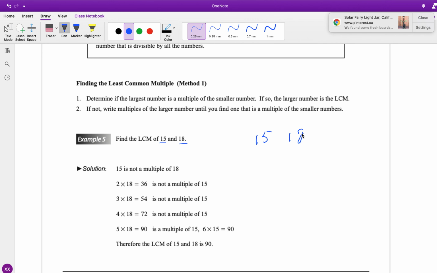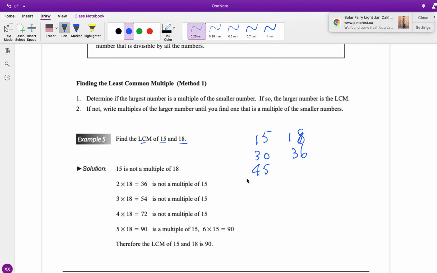Now, 1 multiplied by 15 is 15, 2 is 30, and then 45. And for 18 it's 36, and so on. You go on and on and on. In the end, you find, oh, they both have 90 as their common multiple.